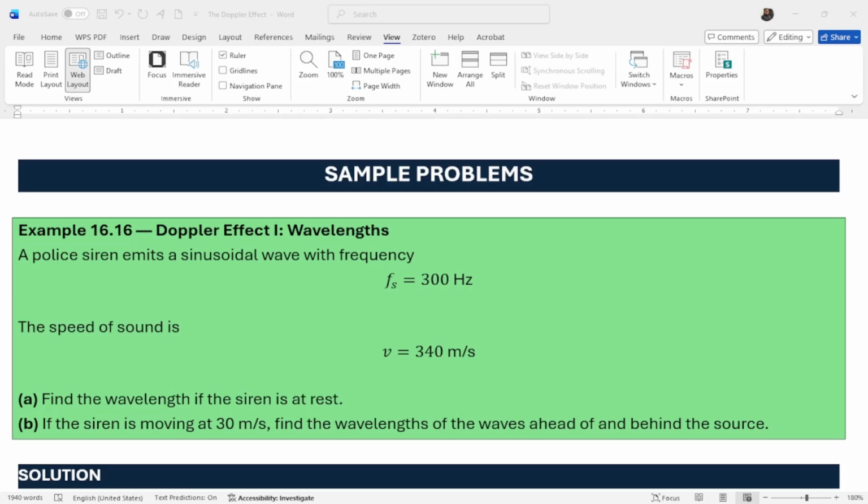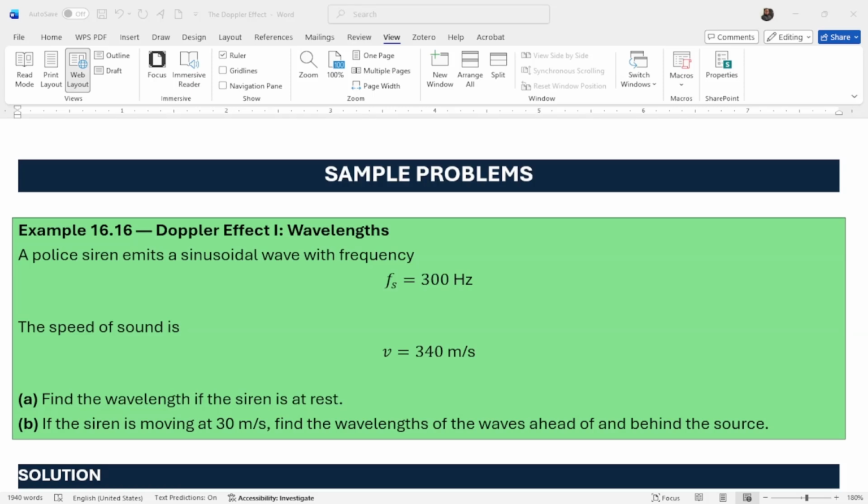Take note that what is given in the problem is the frequency of the source, that is 300 hertz, and the speed of the sound in the air, that is 340 meters per second. And what is asked here in the problem is that we're going to find the wavelength if the siren is at rest, meaning it is not moving.